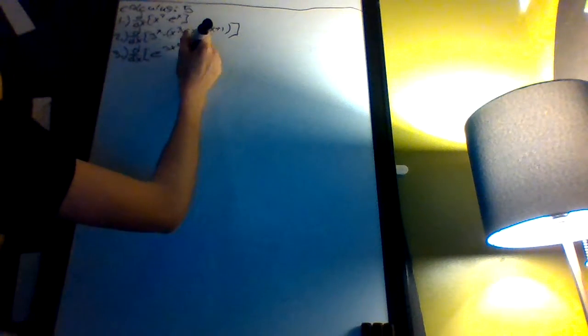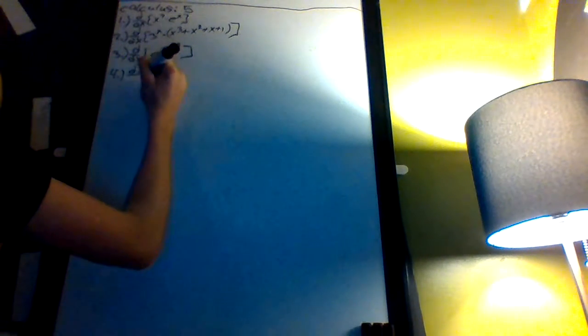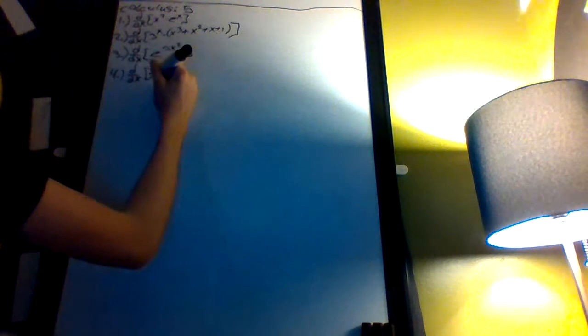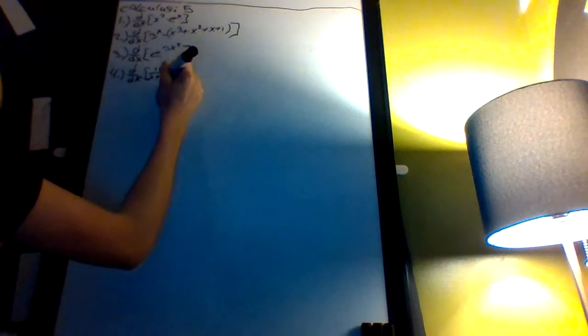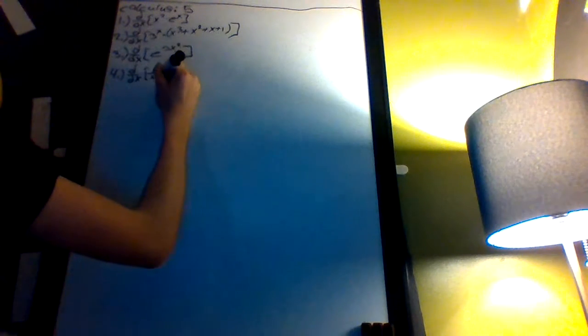What is the derivative of e to the 3x squared? Number 4, what is the derivative of 1 over x squared plus x? There we go. Derivative of 1 over x squared plus x. And this is the end of Calculus Part 1, Part 5.